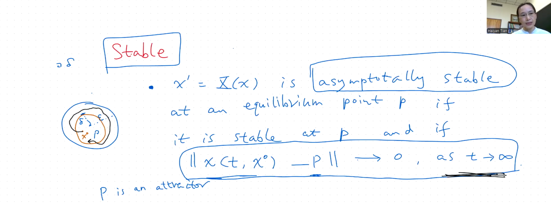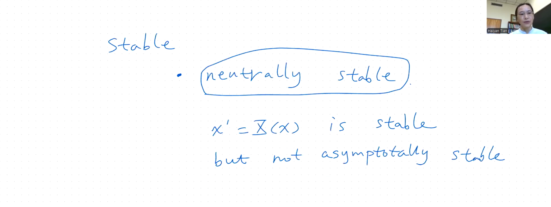But if you look at the neutrally stable case, we don't require that. Neutrally stable means it is not asymptotically stable, but it is still stable. So let's try to show a case that is neutrally stable. Suppose I have a fixed point P. Suppose we have some periodic solutions.